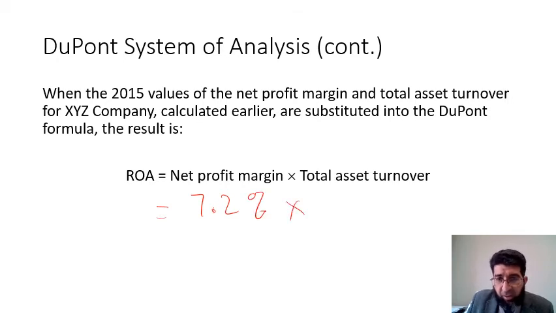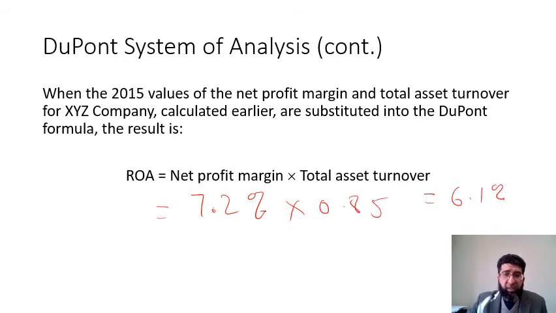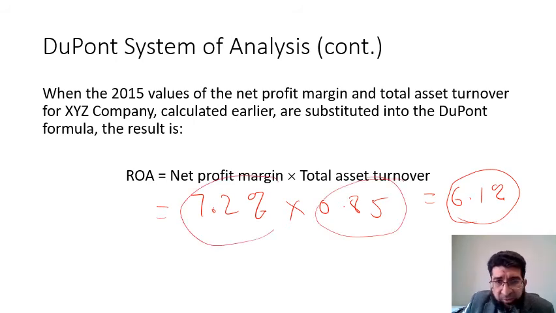And if you look at your earlier notes, its asset turnover was 0.85, which comes out to be 6.1%. We could calculate 6.1% directly, but what is important is to understand what's happening inside this 6.1%.